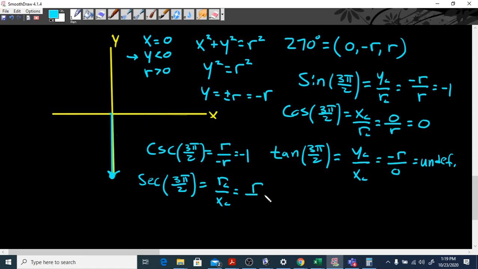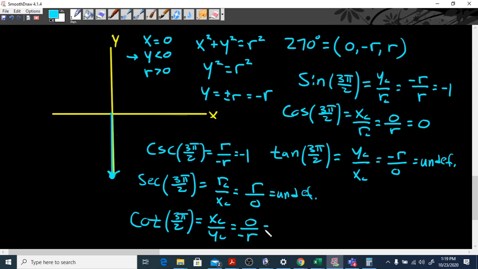R component is just r, x component is 0, so we get undefined. Last but not least, the cotangent of 3 pi over 2. That's the x component over the y component. And that's going to be 0 over negative r, which is 0.